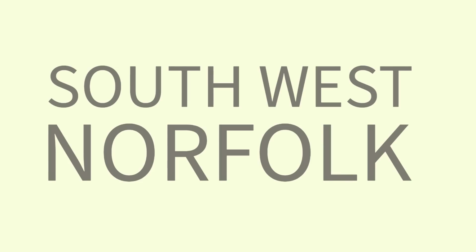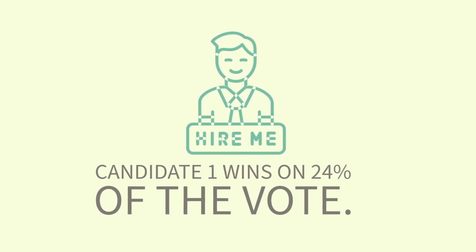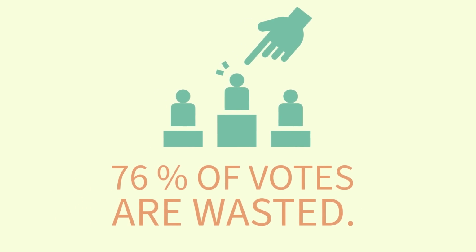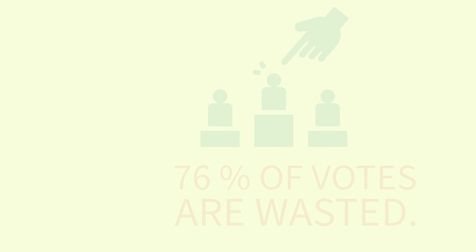Returning to our example, under first past the post, candidate 1 would win and become the representative. So those votes for other candidates, or 76% of voters in this case, would disappear. That's why in some elections, certain parties can get millions of votes, but barely any seats. In PR, these wasted votes would count. They're tallied nationally or regionally, and seats are shared out proportionally.